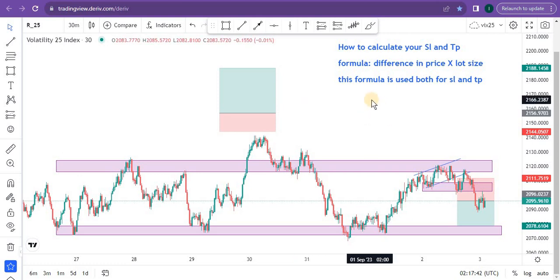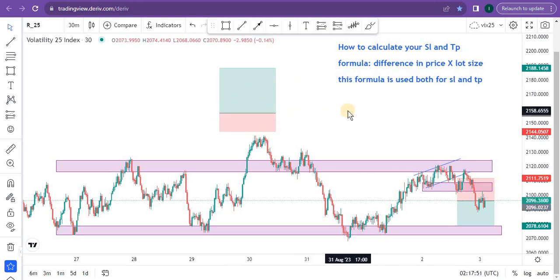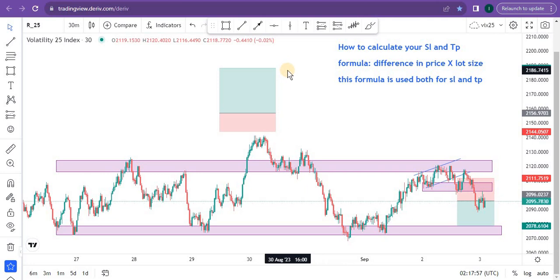So let's assume that you have like $100 in your trading account, and you want to pick this first trade. You've calculated your estimate, okay, on this trade I'm going to be losing $5 and gaining $10. So you should already know your equity.